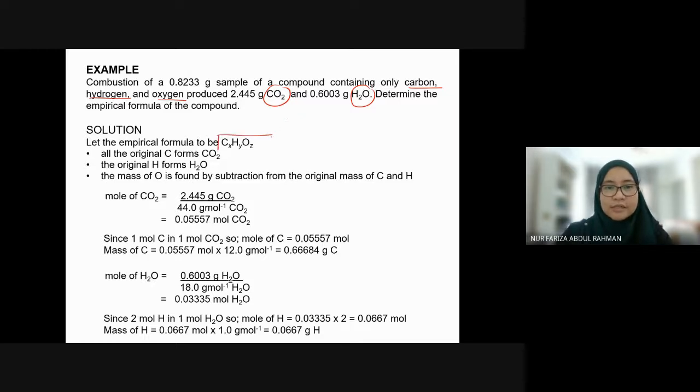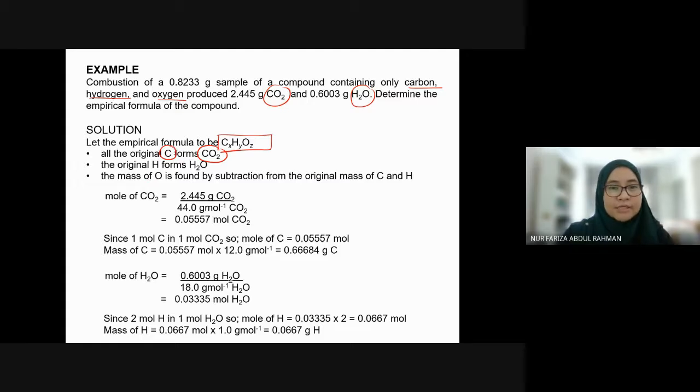So this is our expected empirical formula. X, Y, and Z will be determined. Even though it is given in the form of molecular form, we still can extract the carbon and hydrogen and later on oxygen.